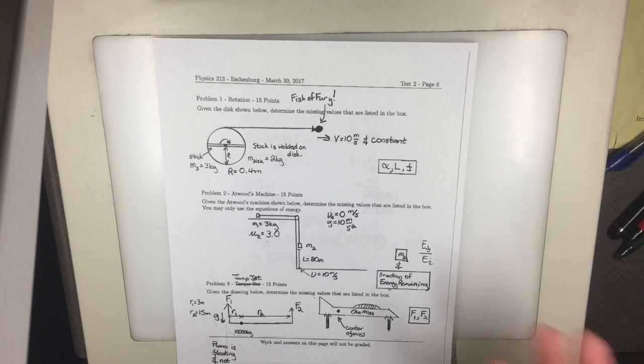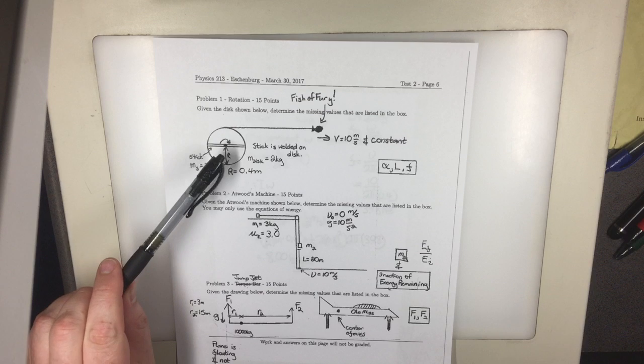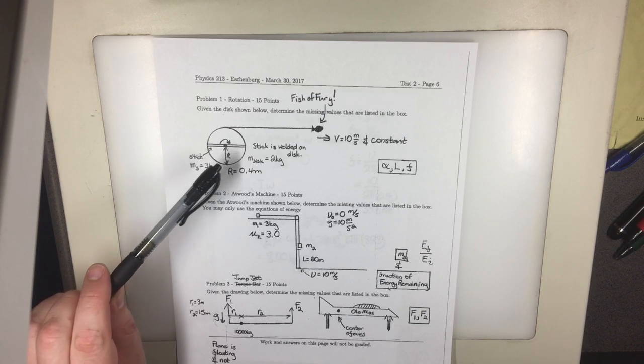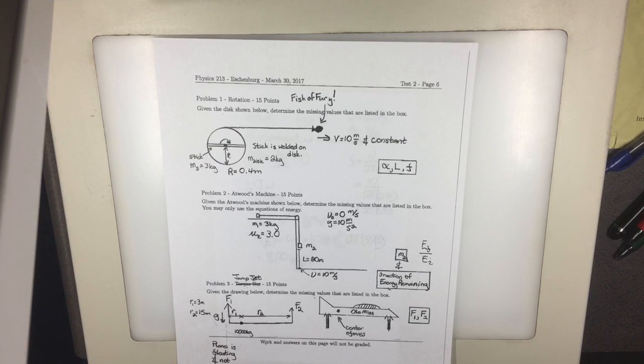Now, while we're looking at the problem, just so that people can get this, for this rotation problem there are only 3 geometric shapes that I'm going to use: sticks, point masses, and discs. That's it.